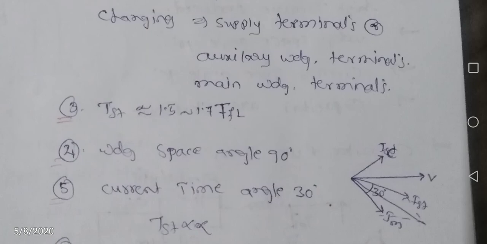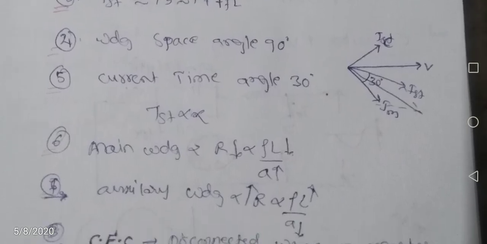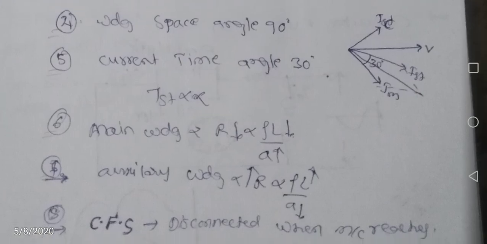Winding space angle is 90 degrees and current time angle is 30 degrees. TST is proportional to alpha, and the main winding resistance is proportional to rho L by A. So to design a main winding, the length of the main winding must be less so that the resistance is less, and the main winding area must be more, so that it is a thicker wire.